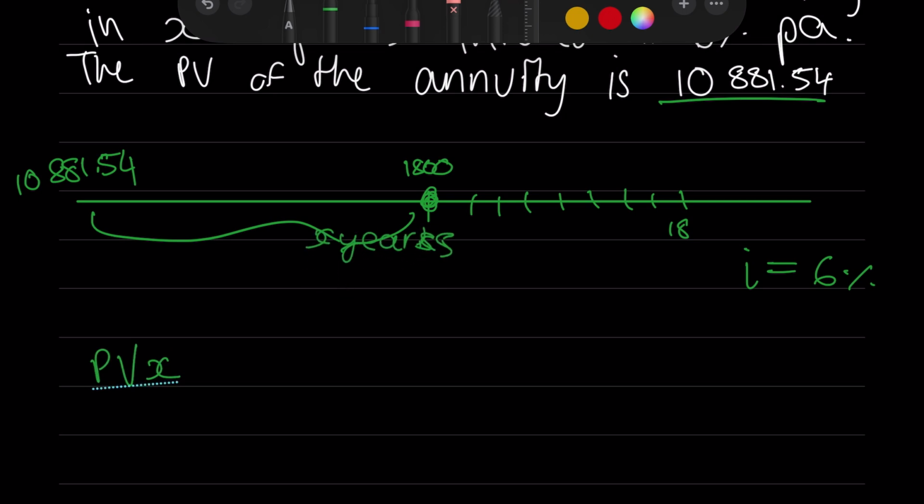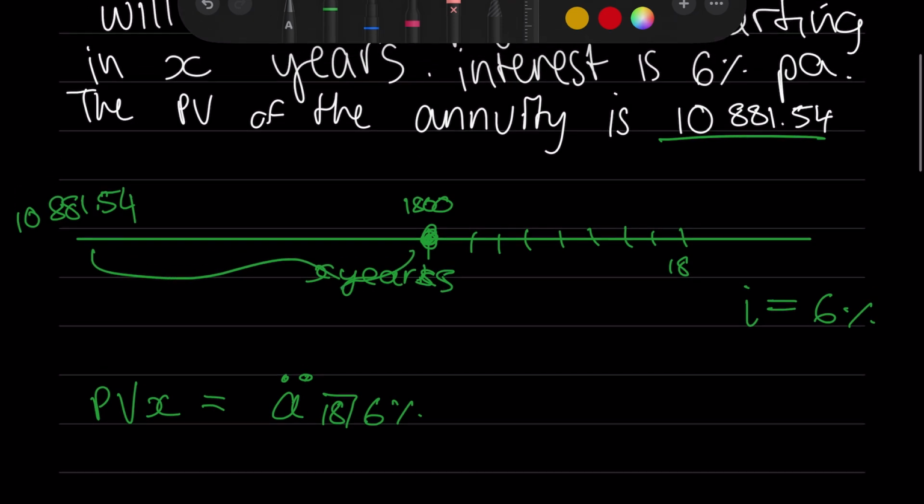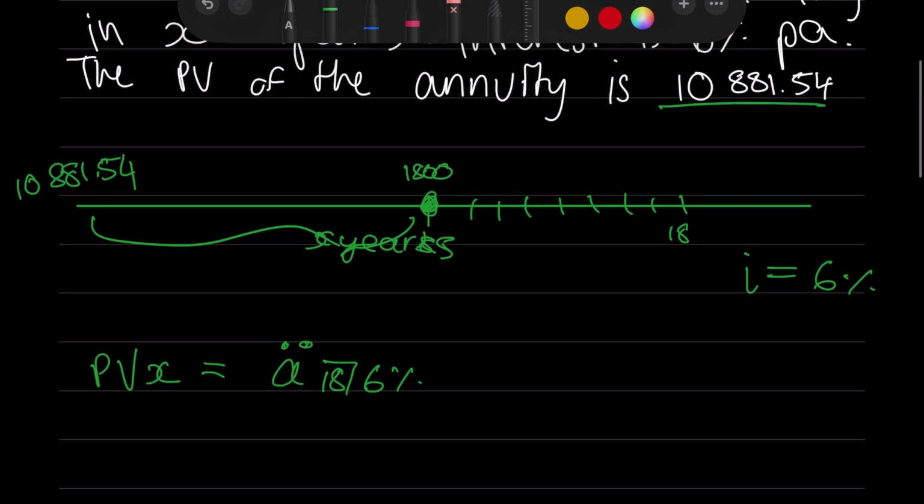The present value at time X is equal to A, because this is in advance, our first payment is occurring in X years, and our interest rate is 6%. We don't have that present value, we're going to calculate it. We can do this formula.